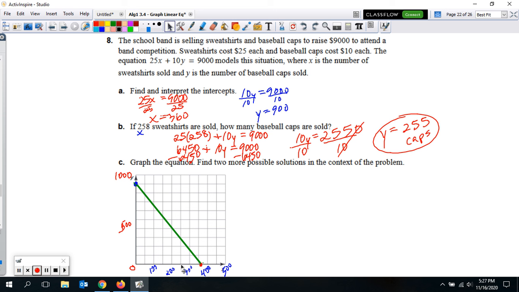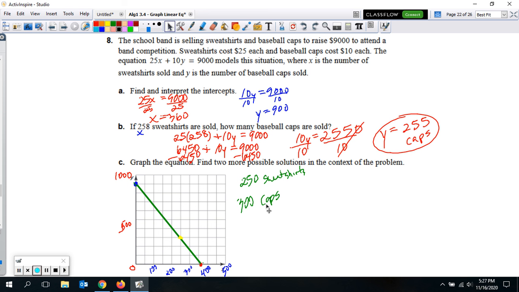Now this would just be an estimate, not necessarily exact. But at this point right here, that's around 250 sweatshirts on the x, and that would be about 300 baseball caps. Again, it's two possible solutions, so this could be a possible solution.